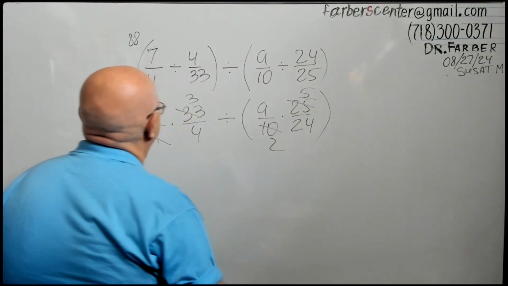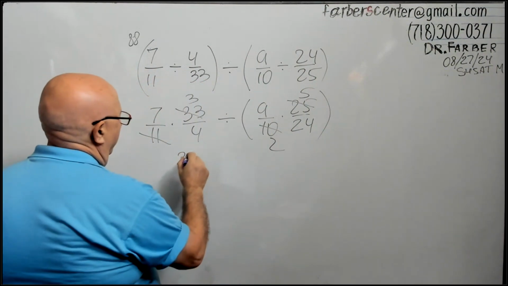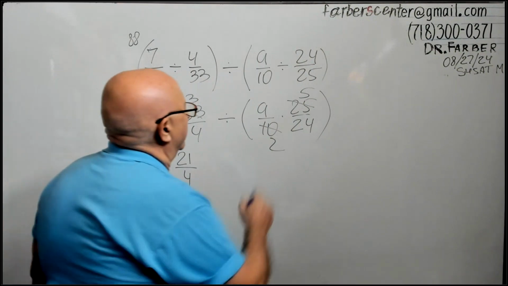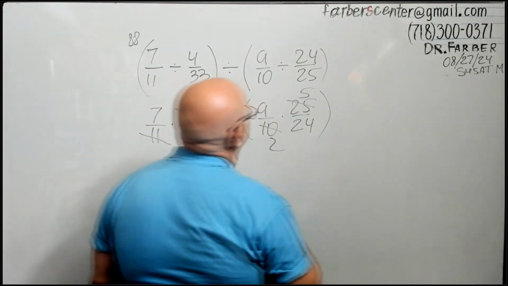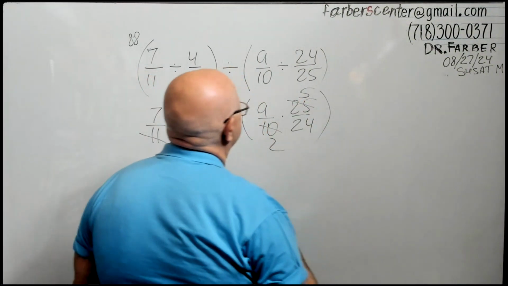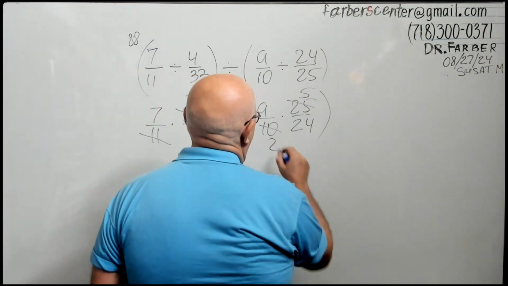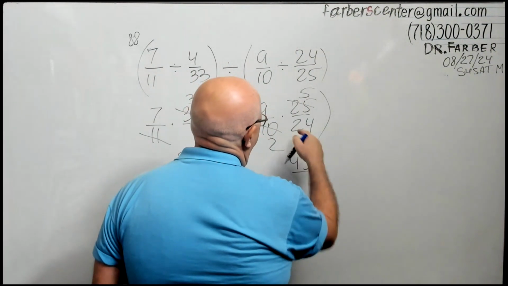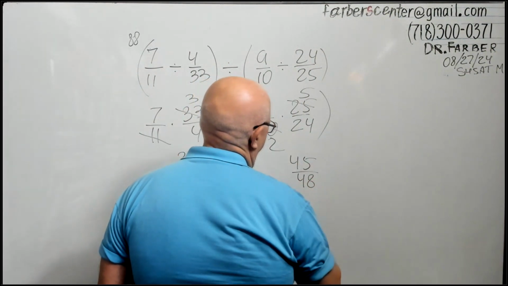So overall, we have 21 over 4, and this guy is 45 over 48.